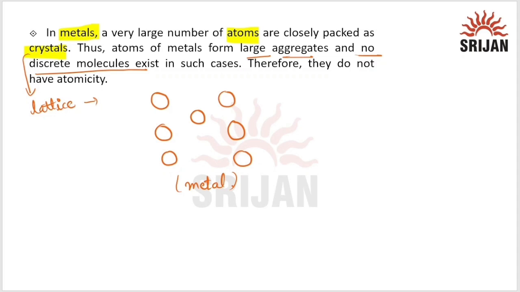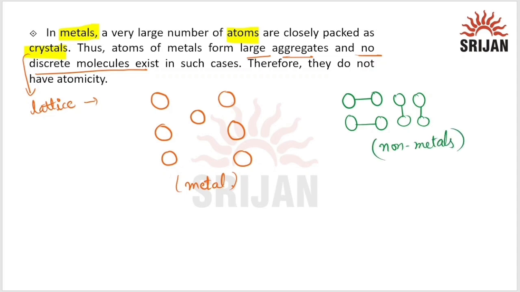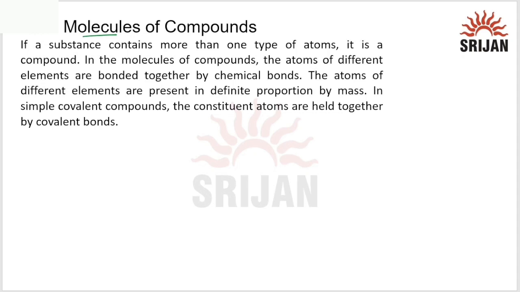But in the case of non-metals, what happens? Suppose this is the case of a non-metal, atoms in an associated state are found. So, molecules are found in non-metals. Now we come to the molecules of compounds. Suppose a molecule is formed like this.